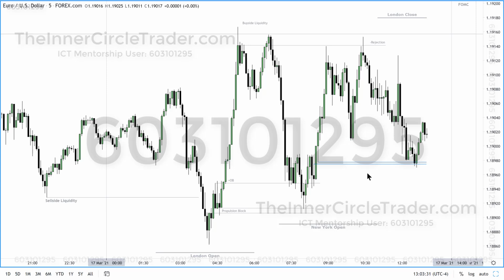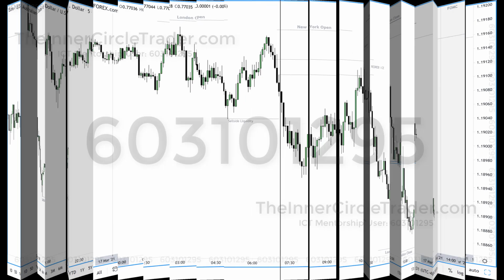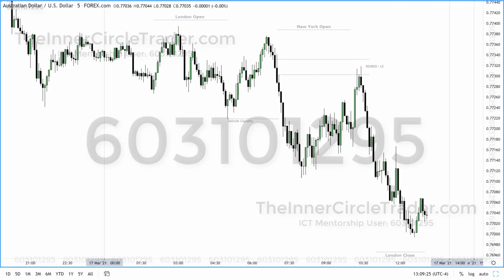It takes a nimble person to do so, but the relationship of the cross-pair analysis, when you look at this pair with Aussie dollar, is going lower. It's being allowed to break lows, so it's bearish. So it's going lower when it is not being seen in euro dollar.